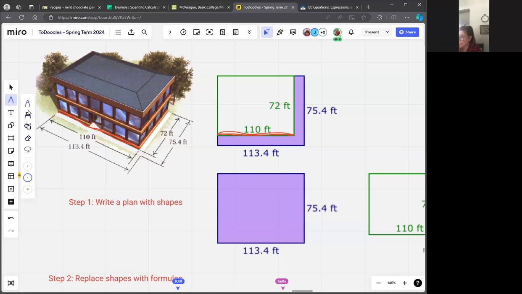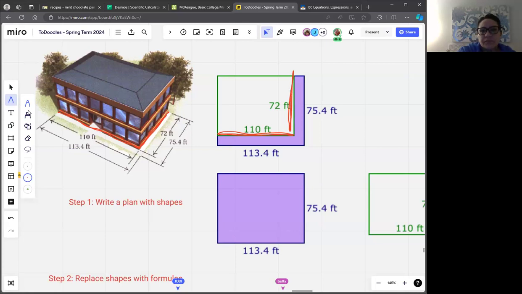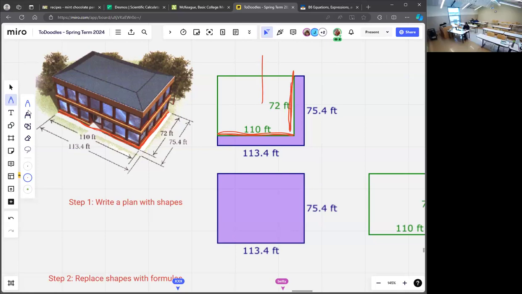Okay. And then the side of the building, this edge is here. My square that I'm drawing here is just like a bird's eye view going down, a floor plan of this building. So the building itself is 110 by 72.